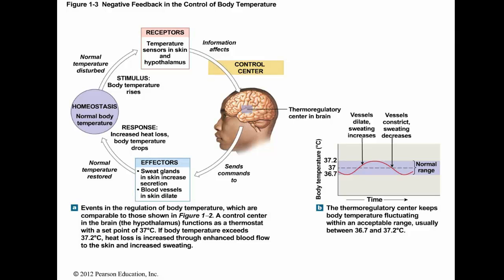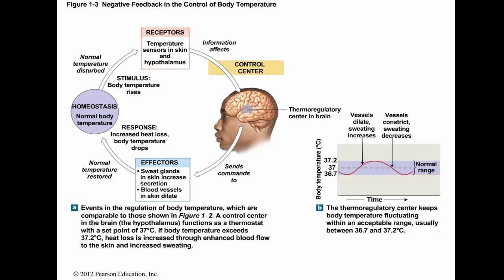But changes occur in body temperature. So we're moving up to the arrow, so we have a stimulus and the body temperature rises. Now the receptor organs that are located in the skin and also in the hypothalamus, which is in the brain, pick up that the temperature has gone up. And they send that information to the control center, which is the thermoregulatory center in the brain.